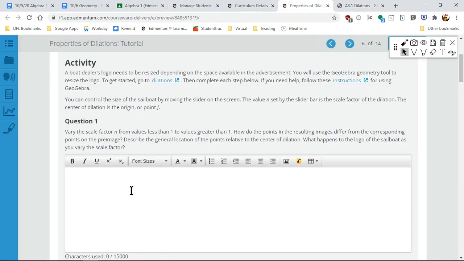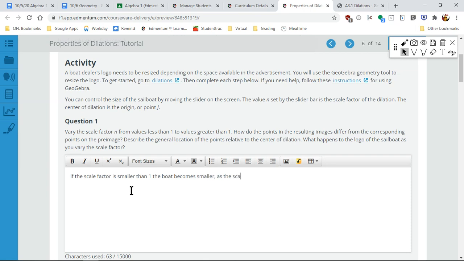We're just going to say if the scale factor is smaller than 1, the boat becomes smaller.